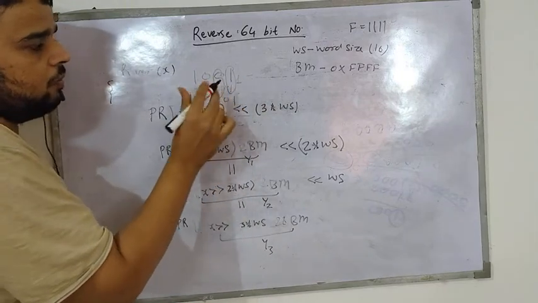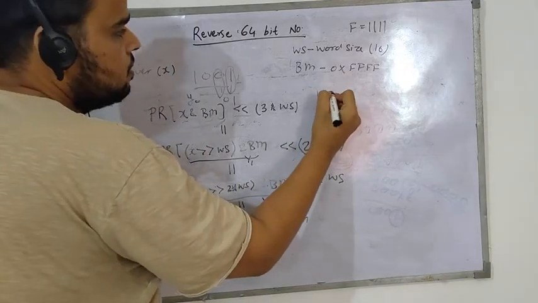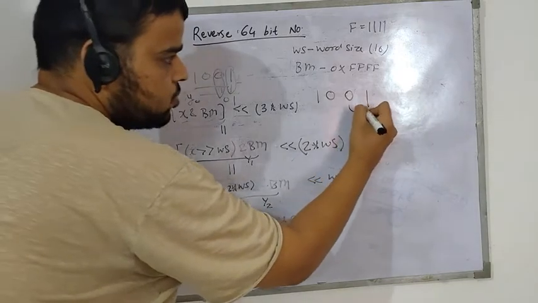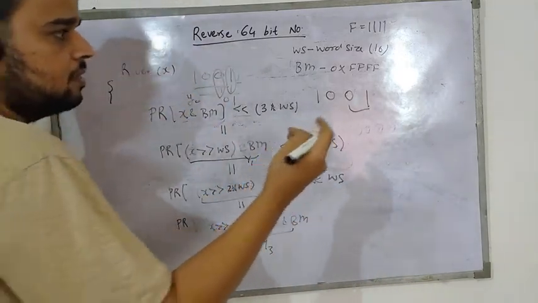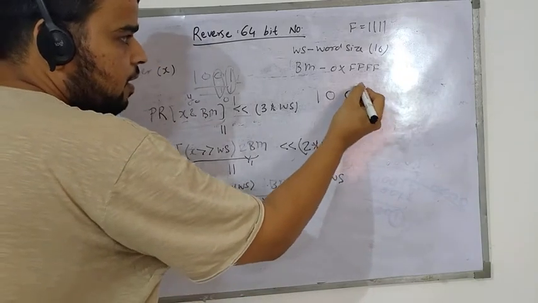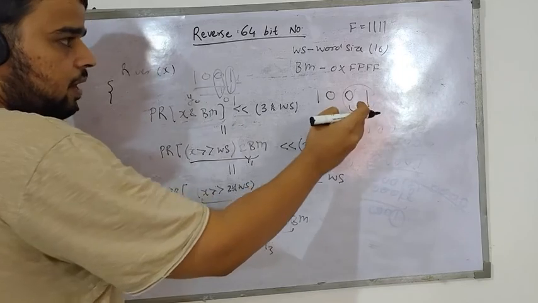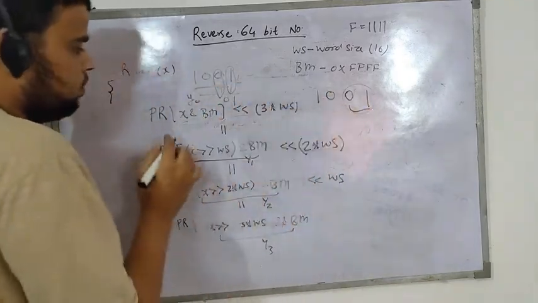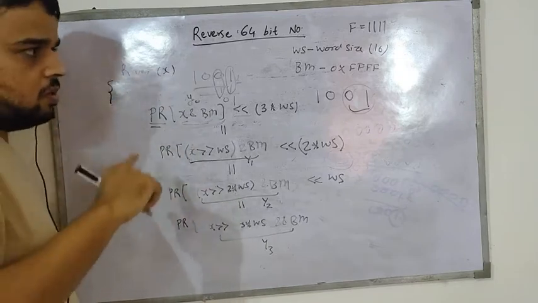Let's say I want to create the reverse of this number 1001. I have extracted these two numbers, but in the reverse number these two numbers will be at last. So after extracting these numbers and getting the reverse for these numbers, this is the extraction 01 and this is my PR, which is actually storing the reversal of any 2 bits number.